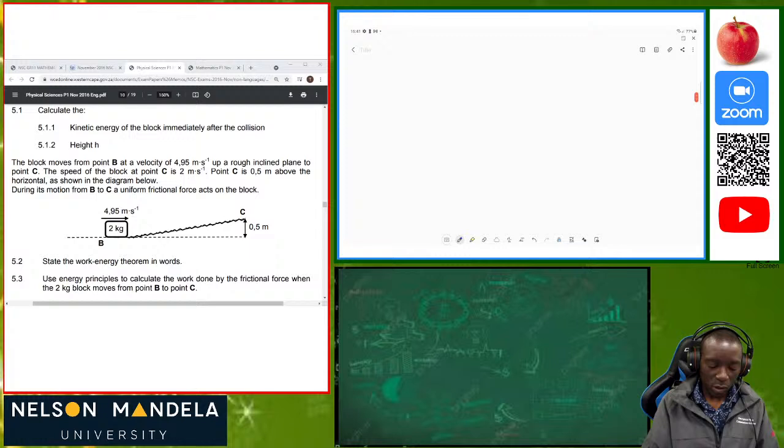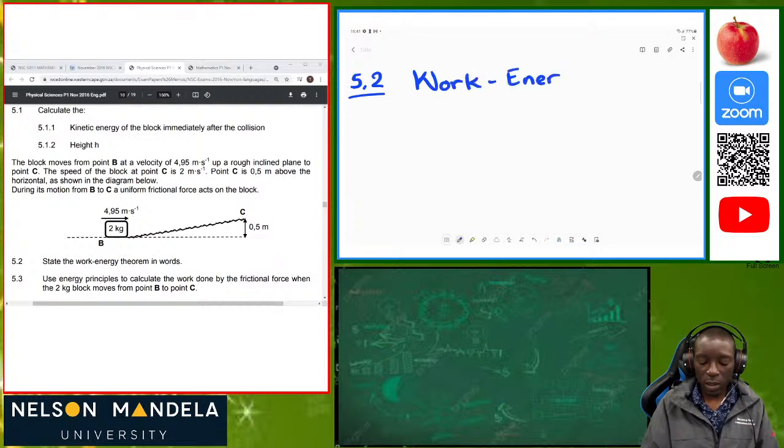So that's part 5.2. I think we have stated it earlier, but that was in equation form, the work-energy theorem.